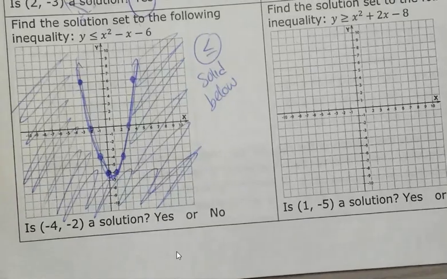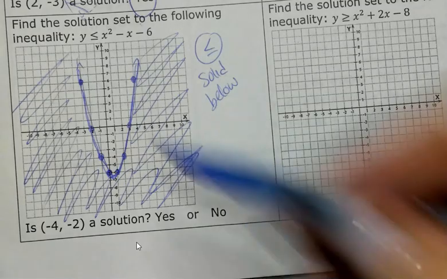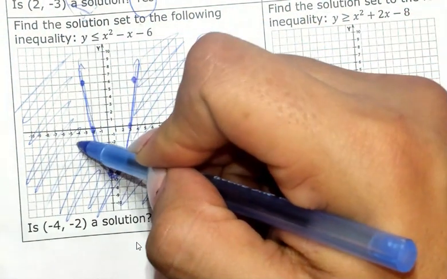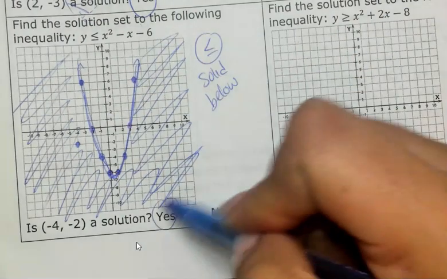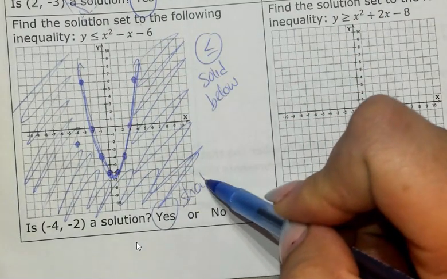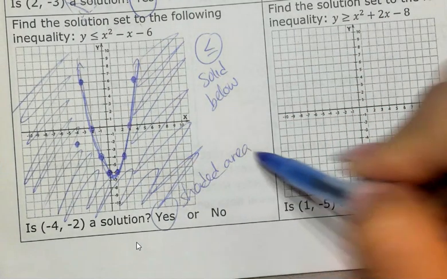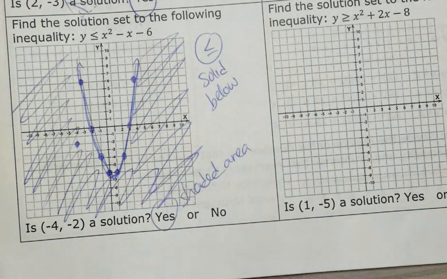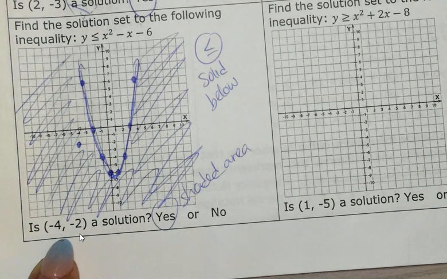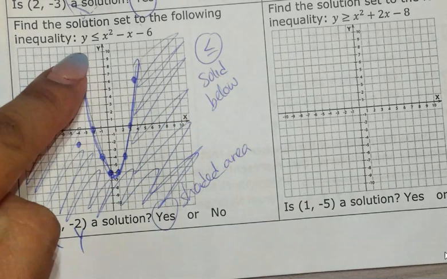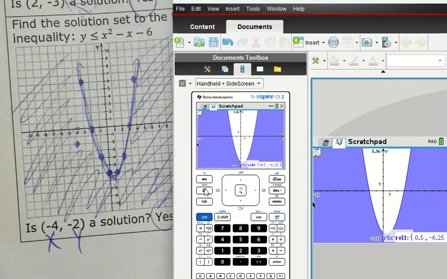Okay, it's asking if -4, -2 is a solution. So -4, -2 is right here. It is in the shaded area, so it should be yes. But if you want to confirm why algebraically, you put this on the x and then this on the y in the inequality given, and then just check if it's true or false.